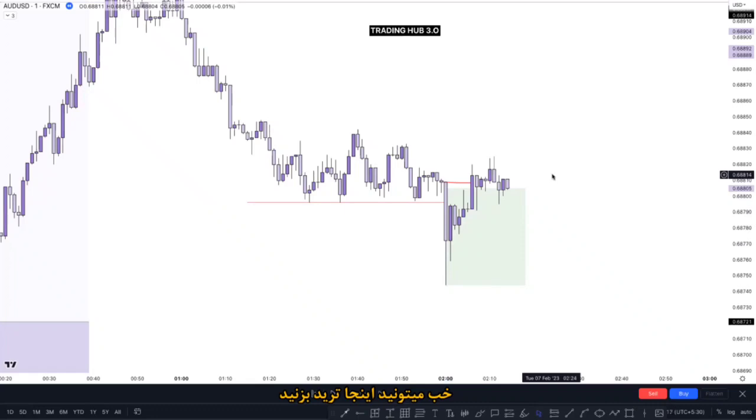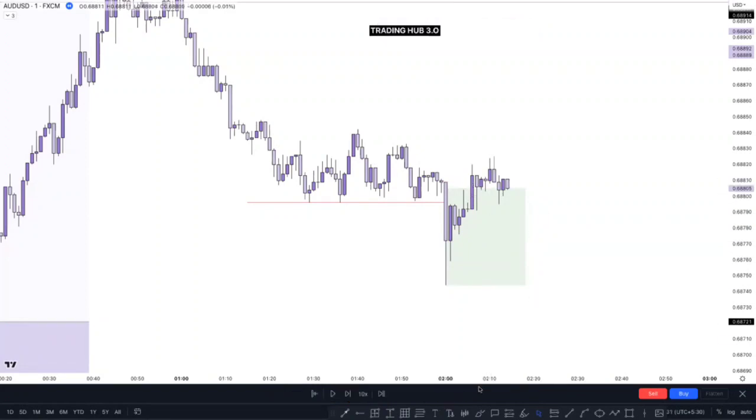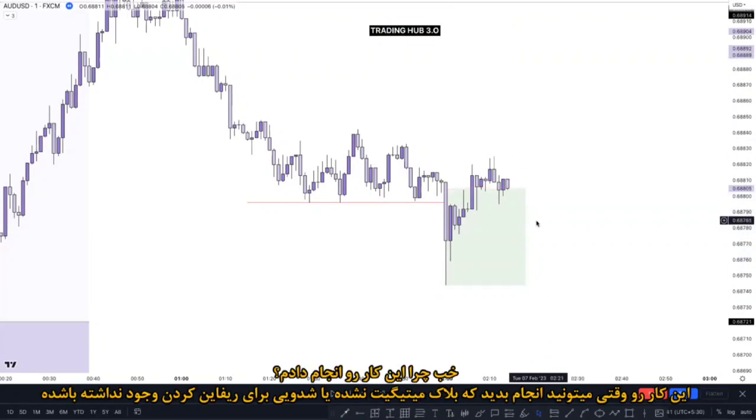So simply you can trade here based on it. This is just a refined shadow here, an unmitigated shadow, and you can take one more, where is Fibonacci? This one. You can take 50% of this move here, and this one. Why am I taking this one?